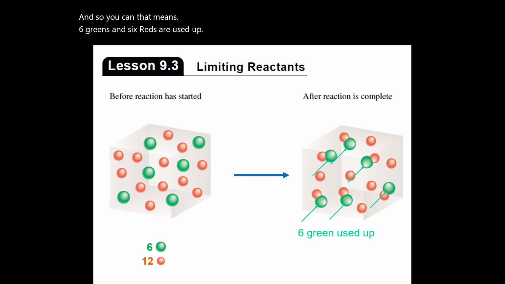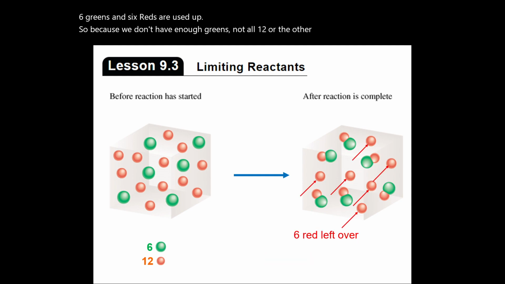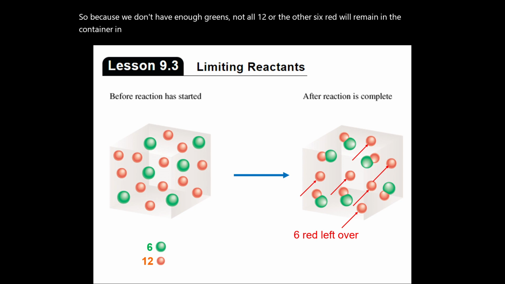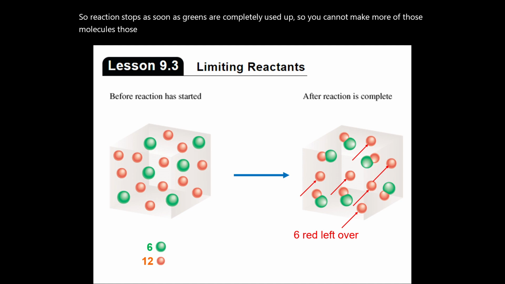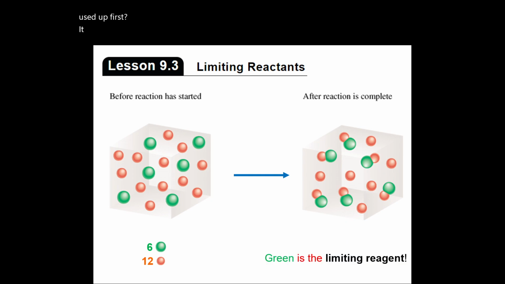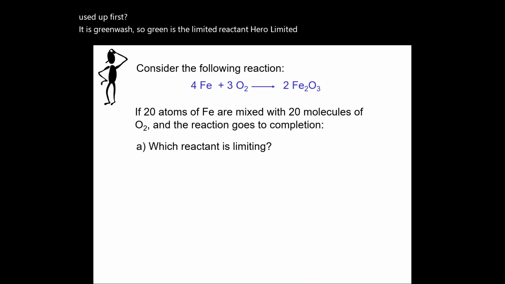Because we don't have enough greens, the other 6 reds will remain in the container in excess. The reaction stops as soon as the greens are completely used up, so you cannot make more of those compounds anymore. What is your limiting reactant here? Which one is used up first? It is the green one. So green is the limiting reactant, or limiting reagent.